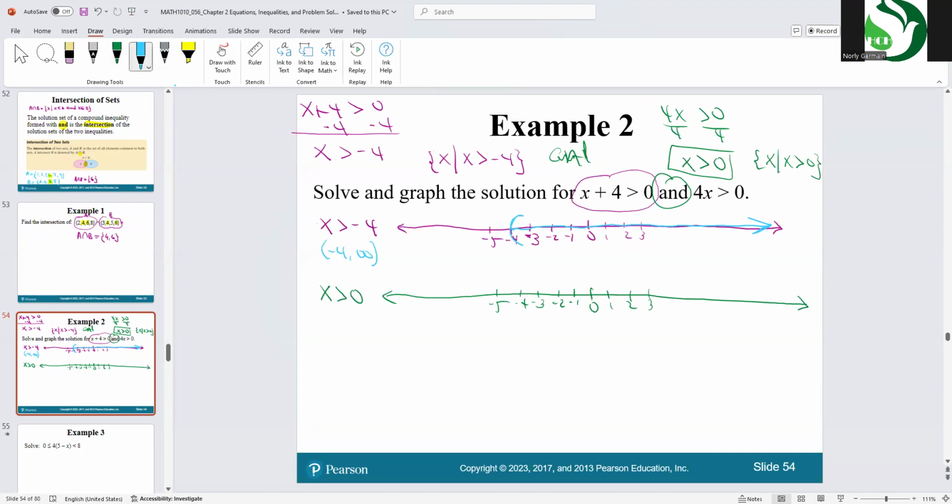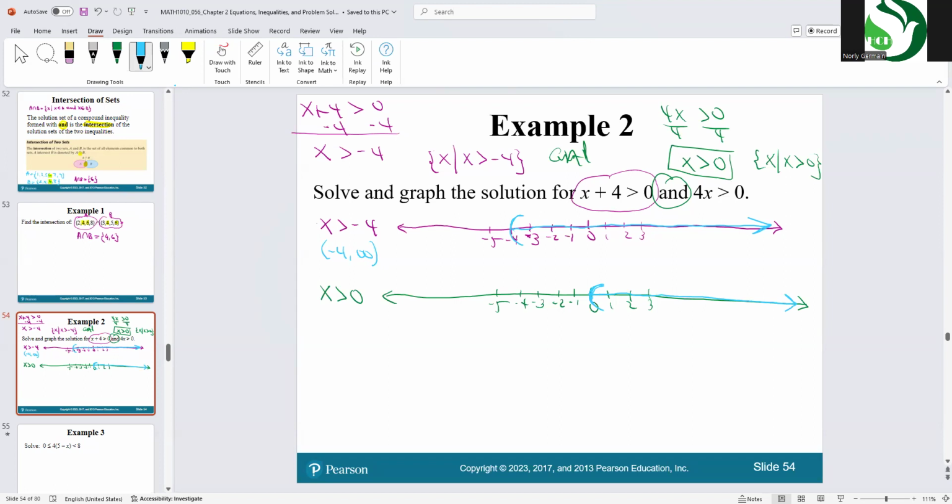Now I can do the same here where I would start, because remember x is greater than 0. This is 0 here, and because it's strictly greater than, I go to the right, and I use parentheses, or I can use an open dot. Okay, so this is the graphical solution for these two inequalities.